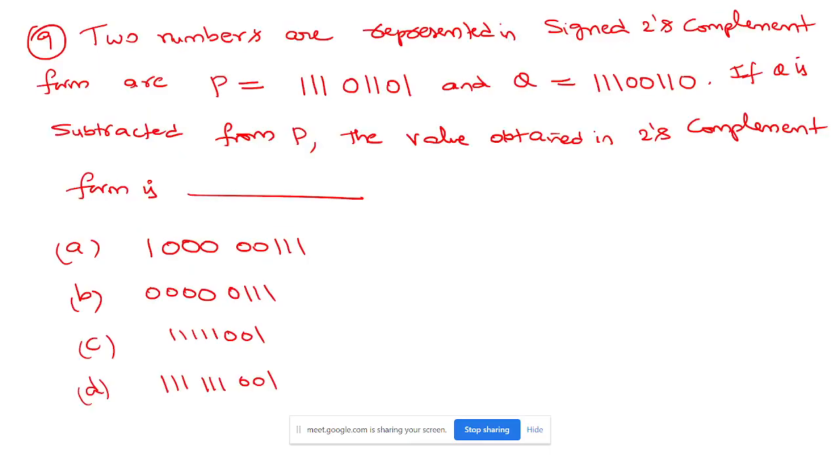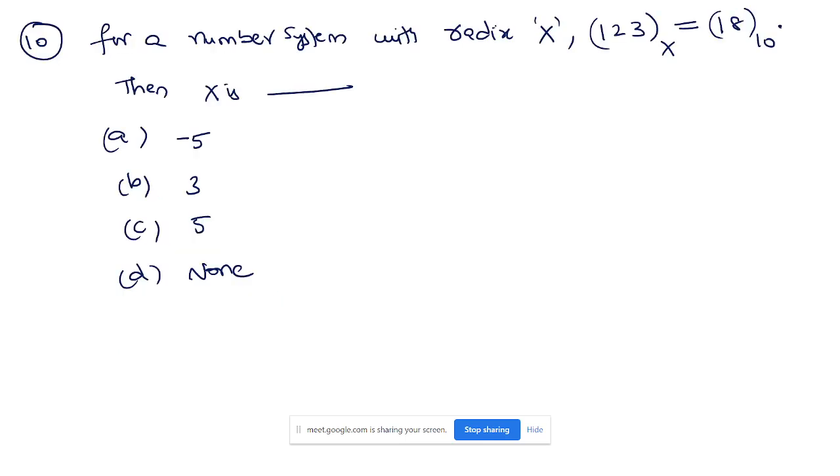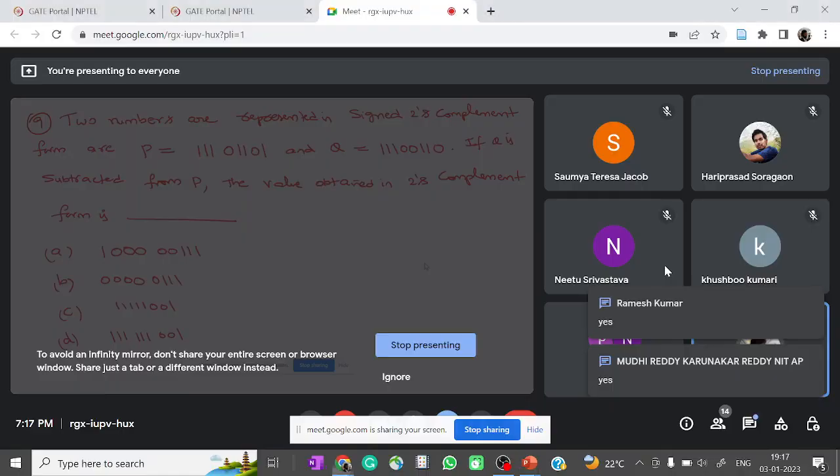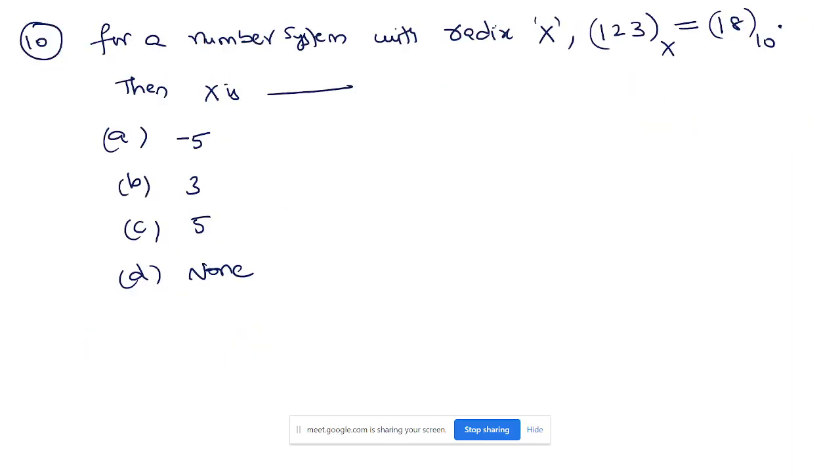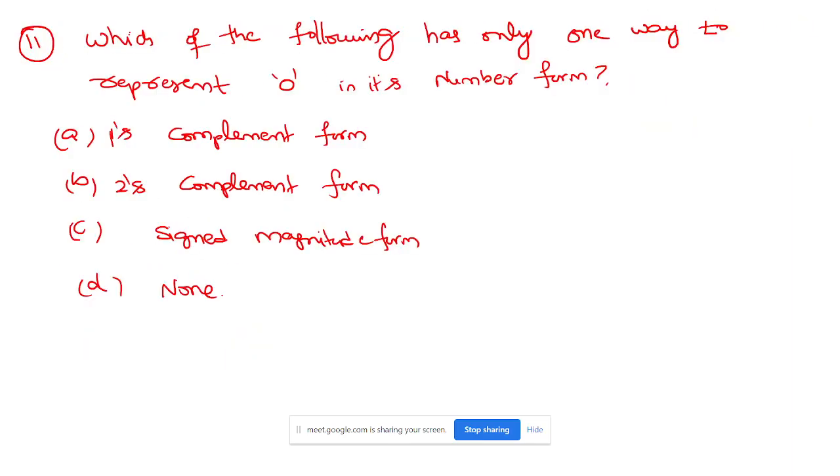Yes, okay, fine. This one, two numbers are represented in 2's complement form, p equal to this much, q equal to this one. Q is subtracted from p. I think we have seen these problems. Okay. Then this one is very simple, we have discussed already.